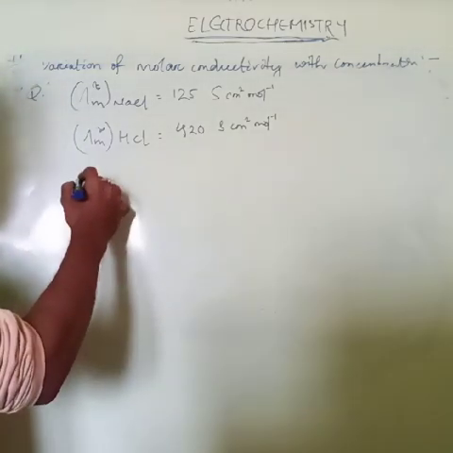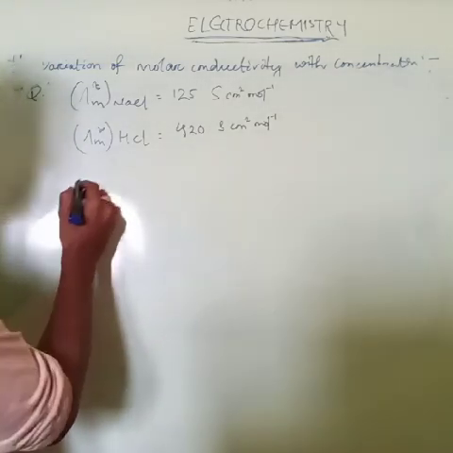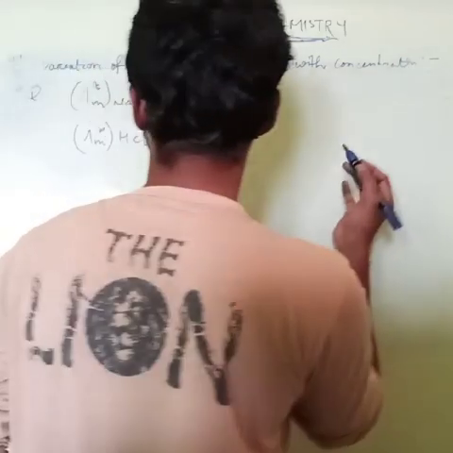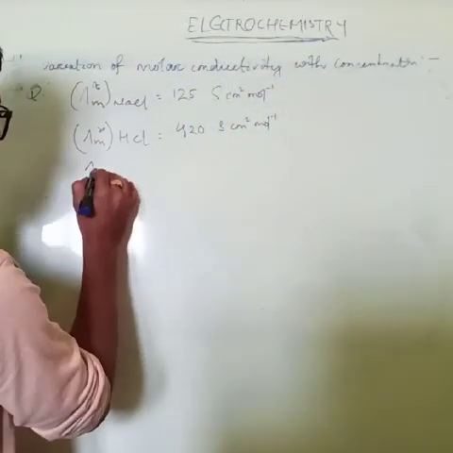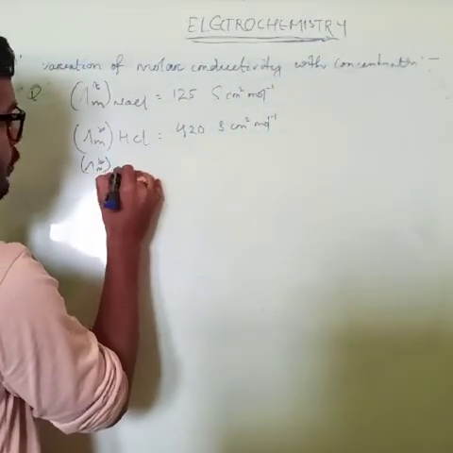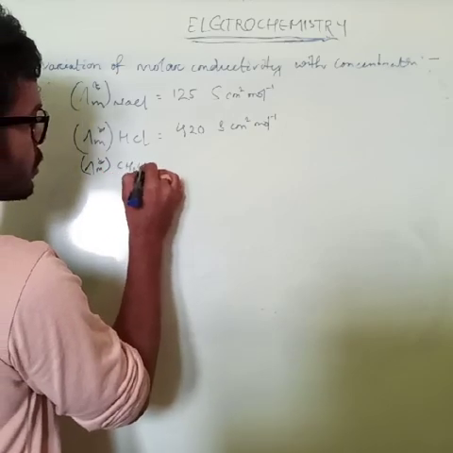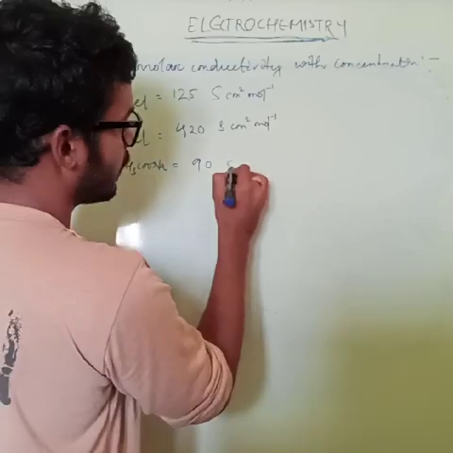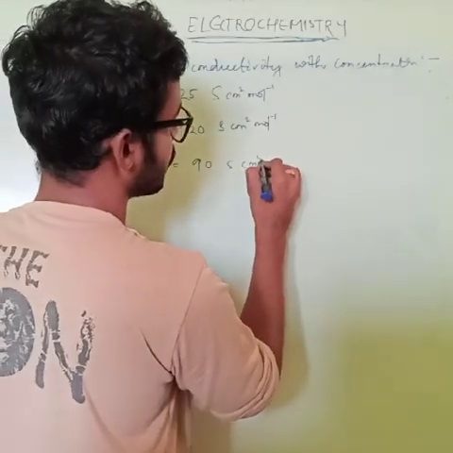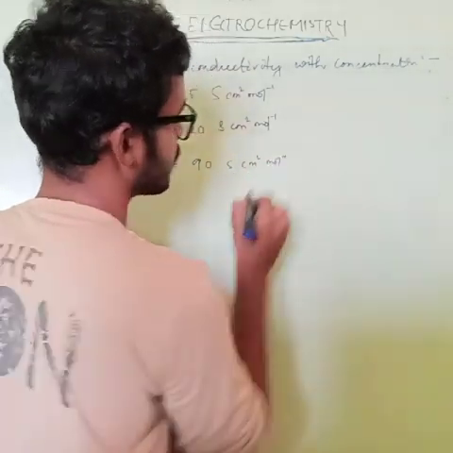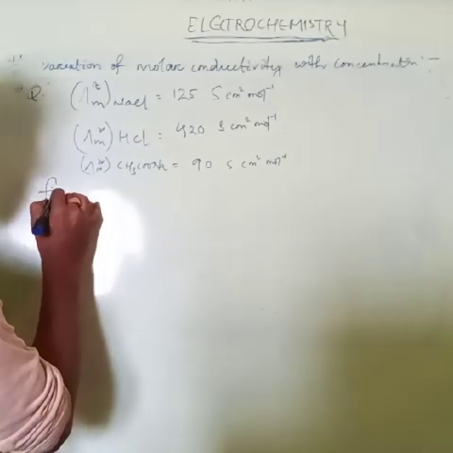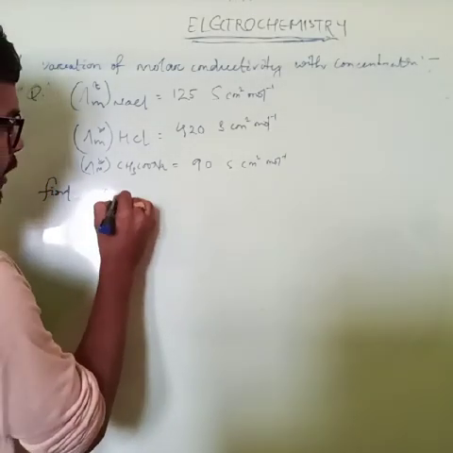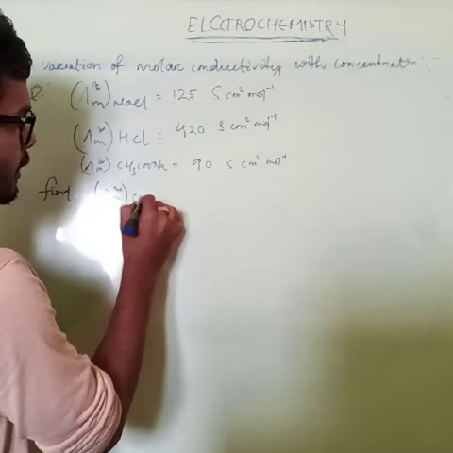And sodium acetate, CH3COONa, molar conductance at infinite dilution is given as 90 S cm square mole inverse. So find the molar conductance at infinite dilution of acetic acid.